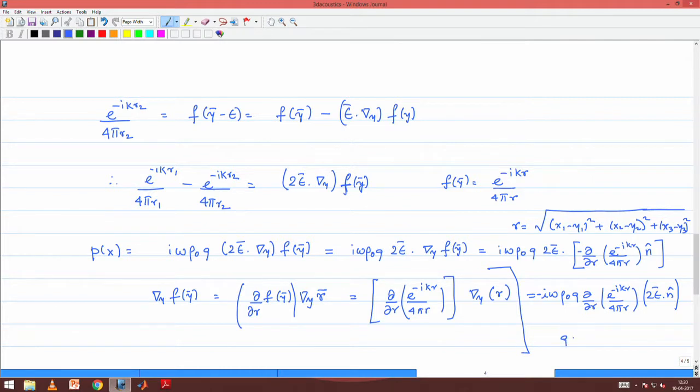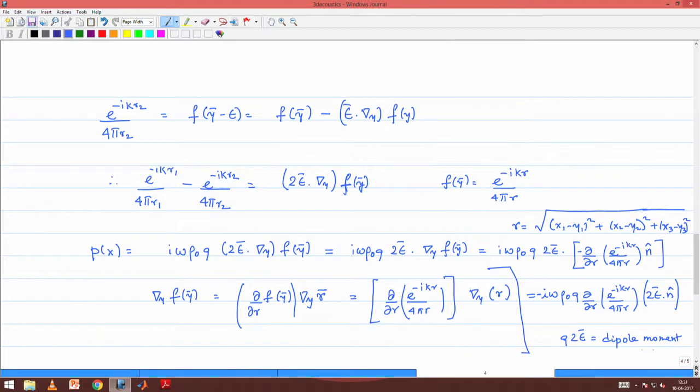Sometimes q times 2 epsilon is called the dipole moment. Q is the scalar, which is the associated velocity strength of the monopoles, and that multiplied with the distance between the two monopoles, taken in vector form, gives the dipole moment.